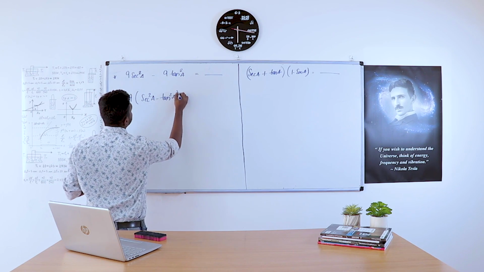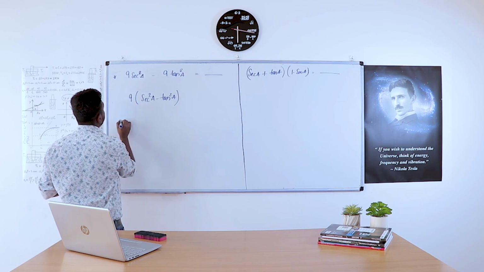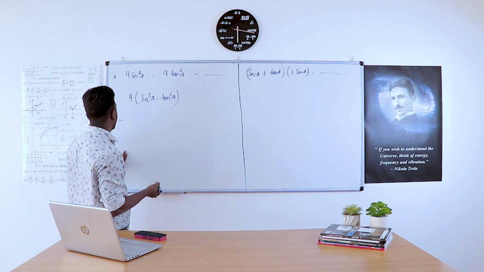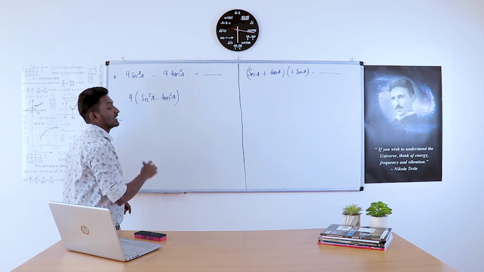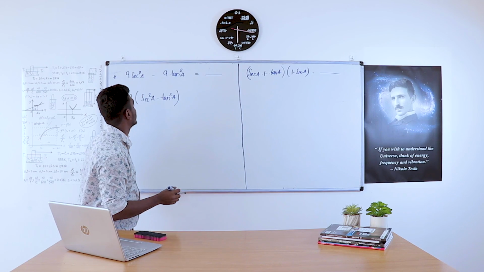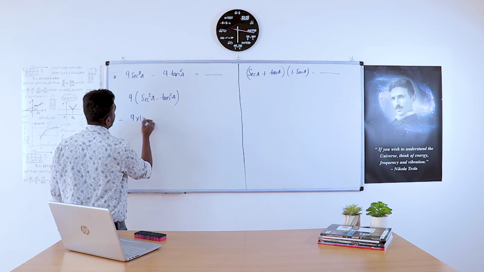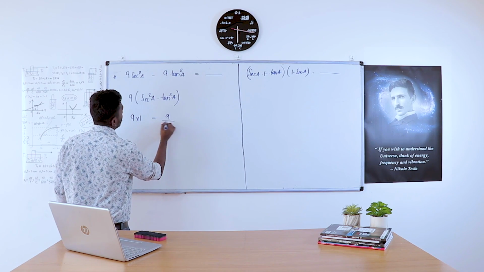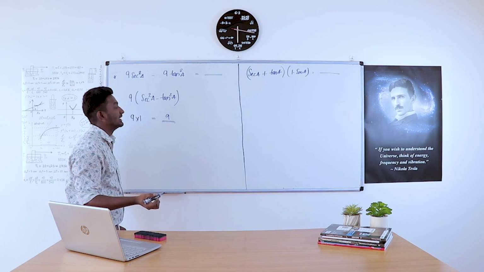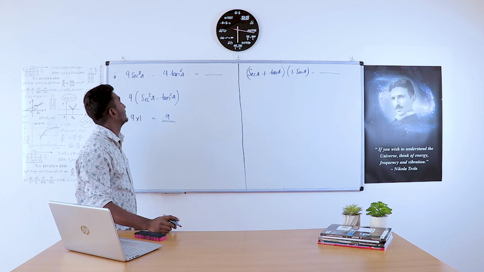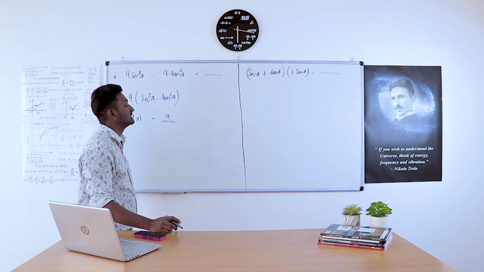What is sec square a minus tan square a? That we already studied in the identity, that sec square a minus tan square a is 1. So 9 into 1, that is equal to 9. So 9 sec square a minus 9 tan square a is equal to 9 because sec square a minus tan square a is 1.